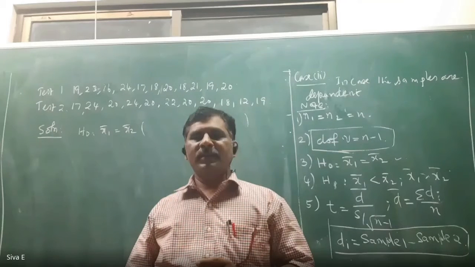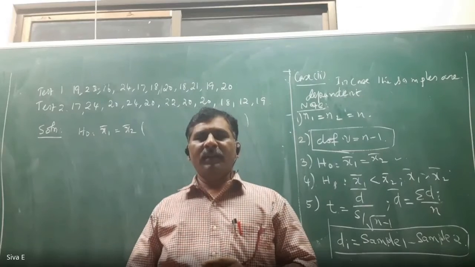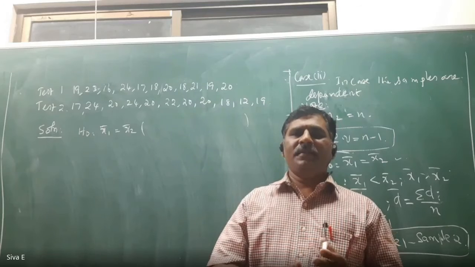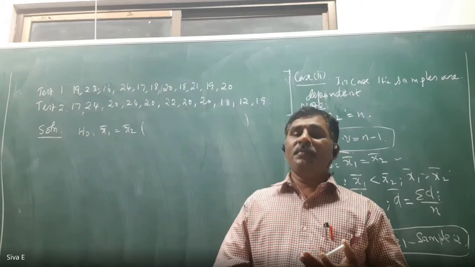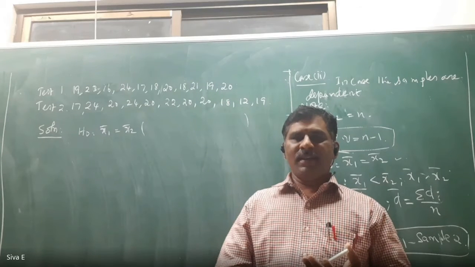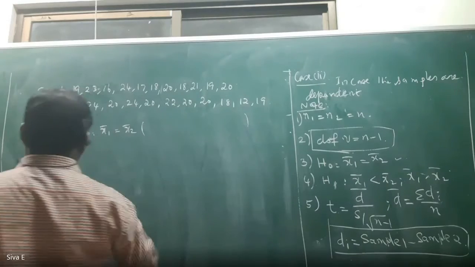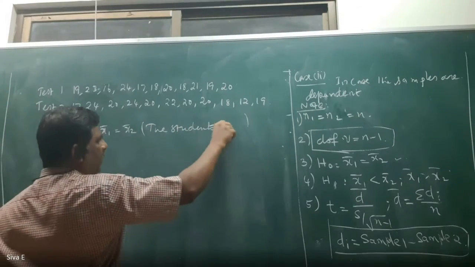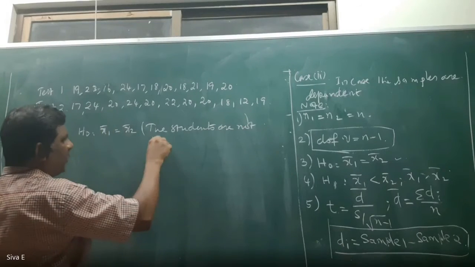H naught is x1 bar equal to x2 bar. When the students are benefited by the coaching, x2 bar is greater than x1 bar. That is correct, but that is not H naught. So H0: the students are not benefited by coaching.